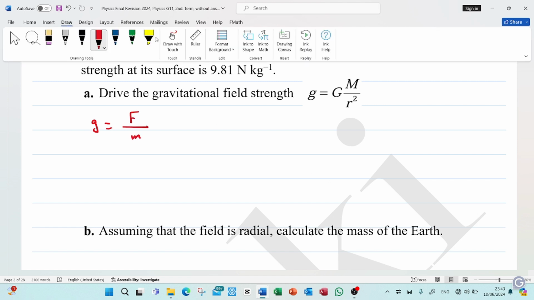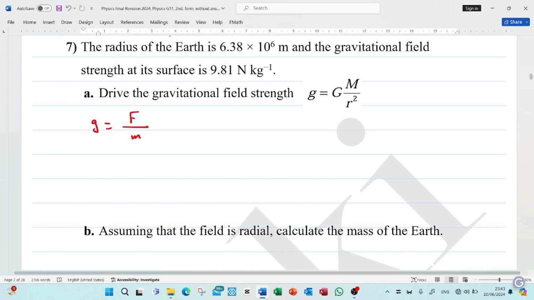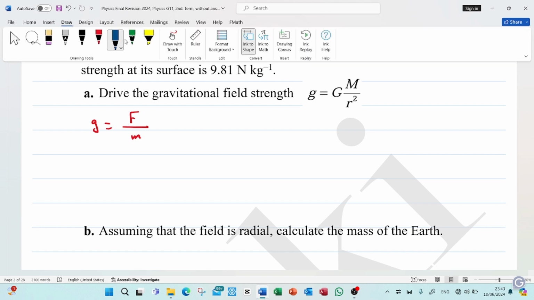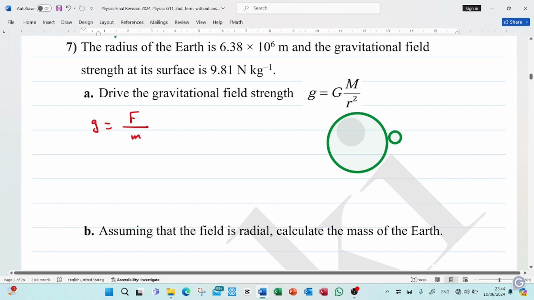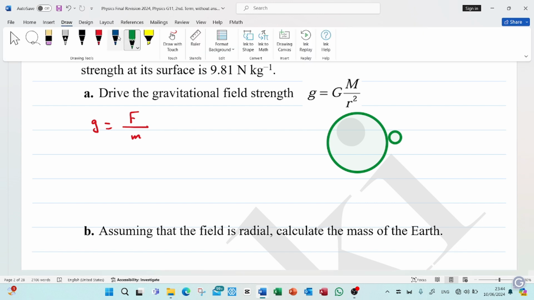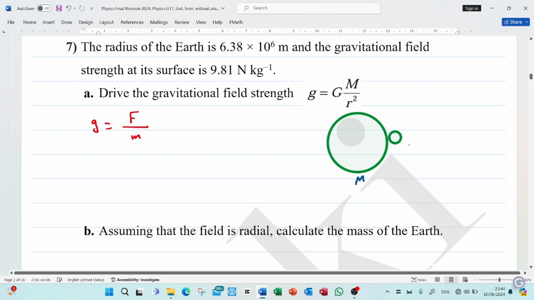Now, here, if we have the Earth, this is the Earth, and this is the object of mass m. Then we have the mass of the Earth denoted by M capital and the object denoted by m small.